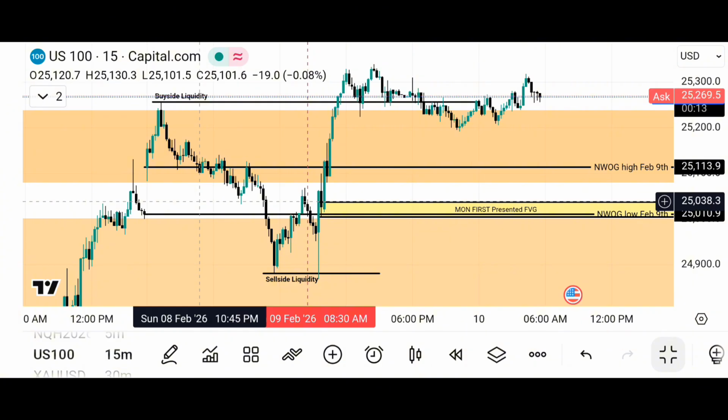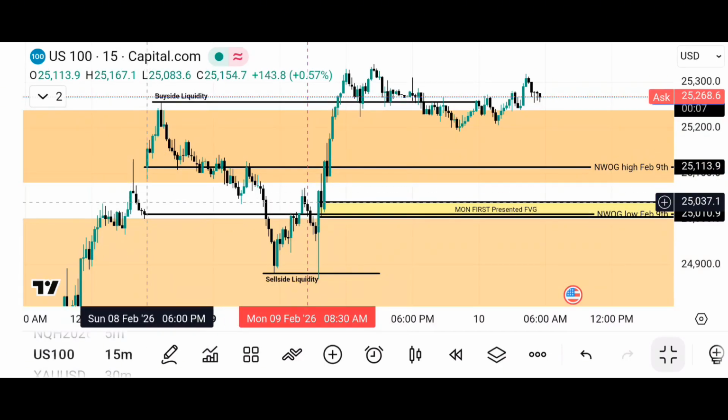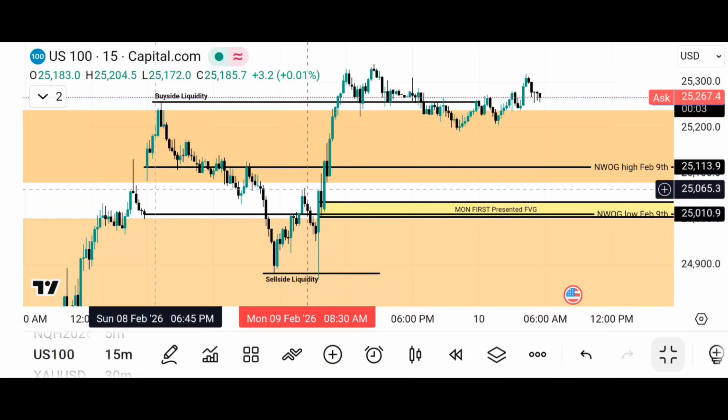Then during the week, there's a new week open gap. But the one that's very obvious is a new week open gap right here, which you can see the actual gap forming on the chart. But I won't be talking too much on this, because this is not our focus on this video. Maybe on another backtest video, I'll be talking on the new week open gap and the new day open gap. Then you'll see how price makes use of them.